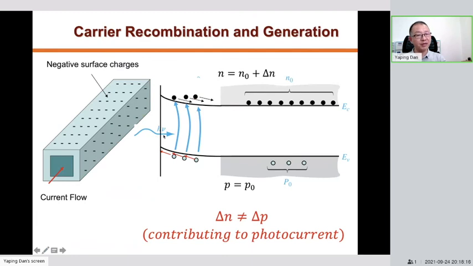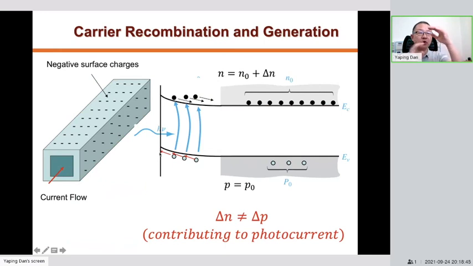Now the same thing happens. If you illuminate over here, then you create one electron and one hole, no problem. But because the band is bent near the surface, the excess electrons will move towards the center inside the channel, and the holes will accumulate near the surface.